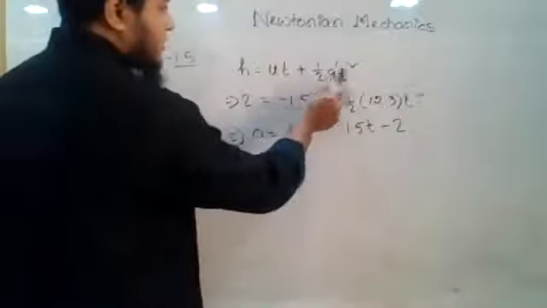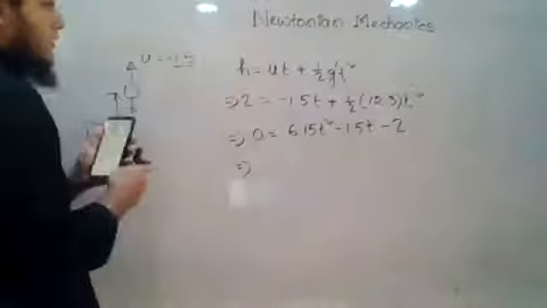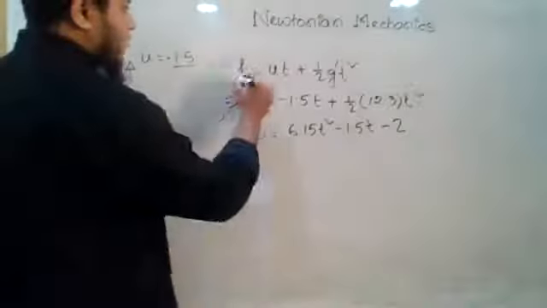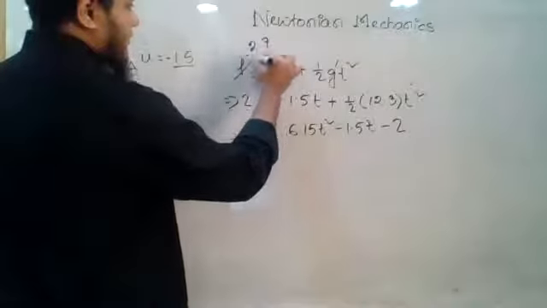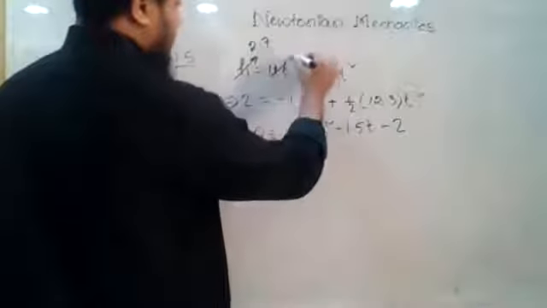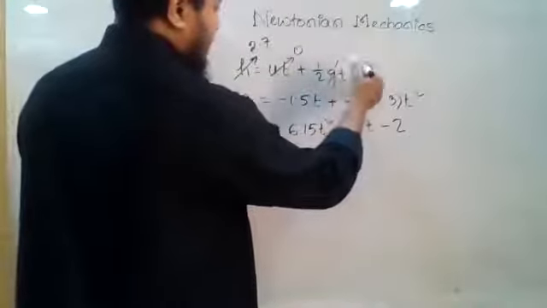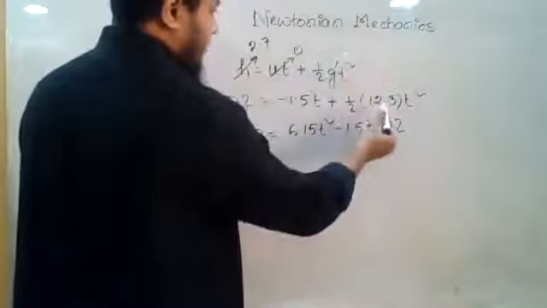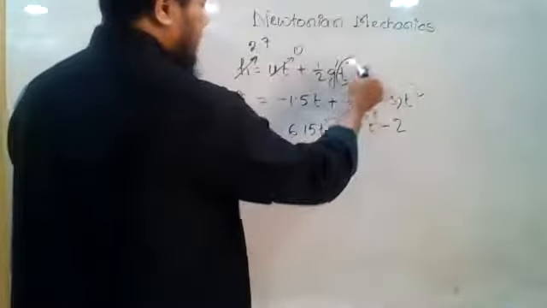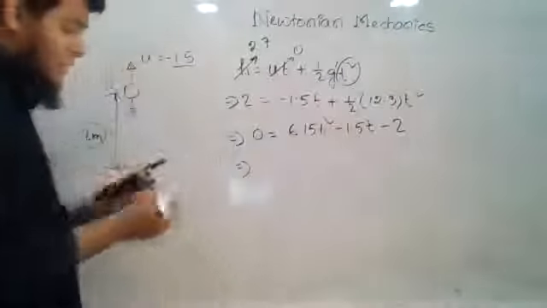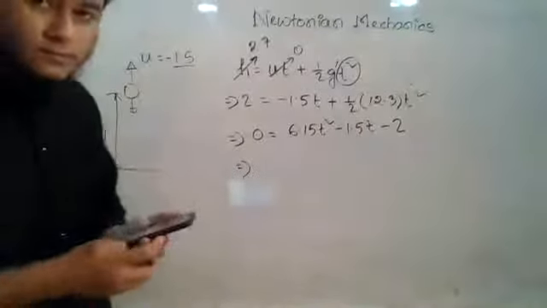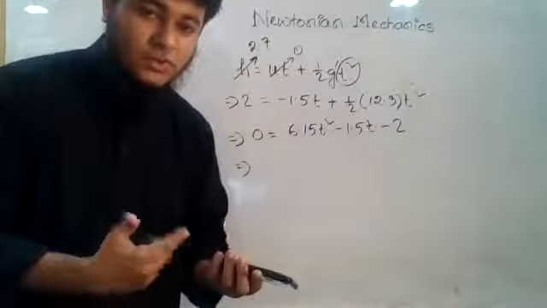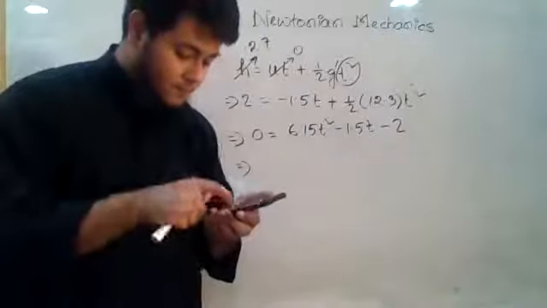Only half g t square will be there. So the distance that it has to cover is 2.7, and this one will be 0, and g prime is same as 12.3 here. So the only unknown is t square. Okay, so from that, can you find the value of t? Not t square, we need to find the value of t.